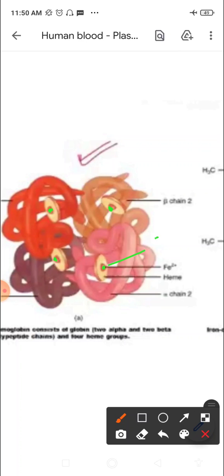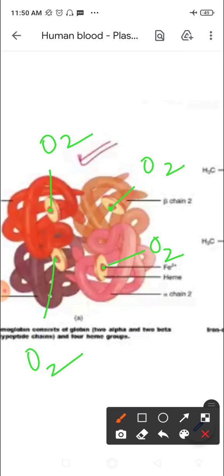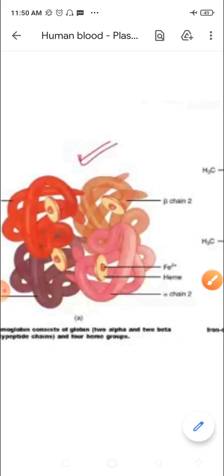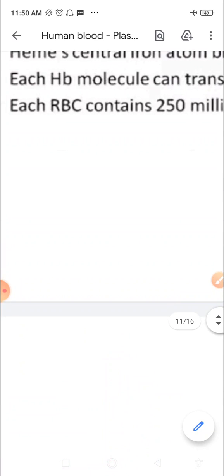So this would be 1, 2, 3 and 4 oxygen atoms. That means 1 molecule of hemoglobin is able to carry 4 molecules of oxygen. So 4 iron attached to the heme carrying 4 oxygen atoms.